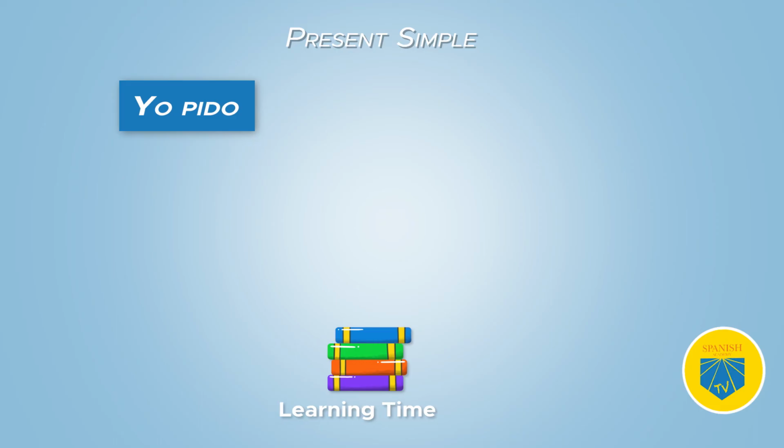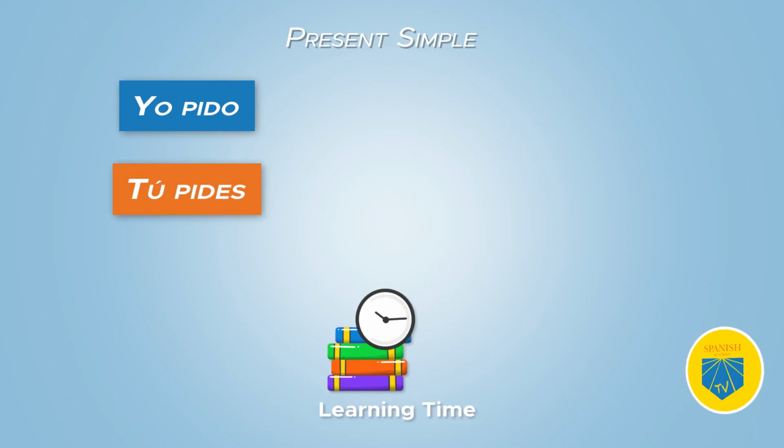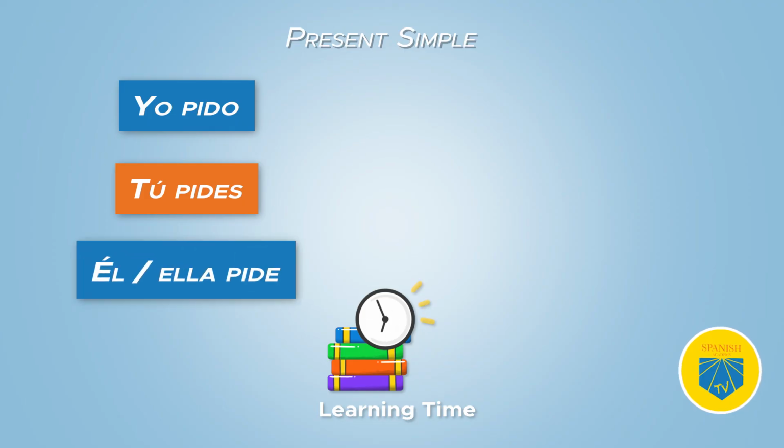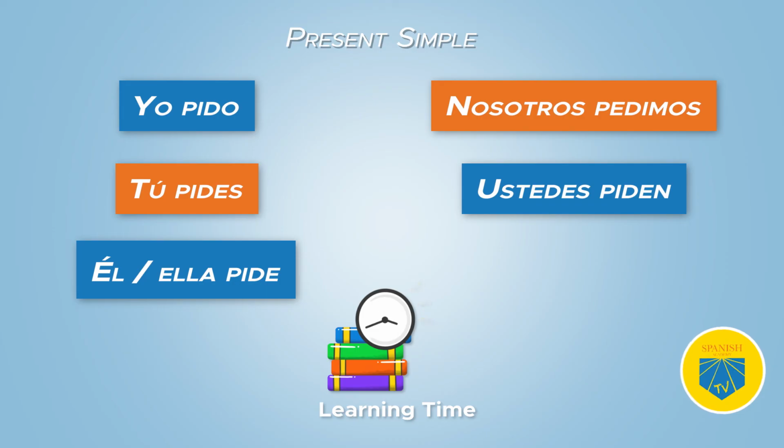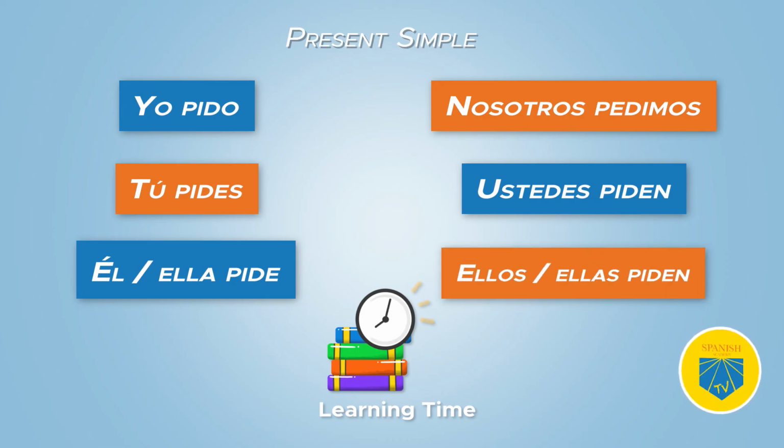The conjugation for pedir goes: yo pido. Tú pides. Él, ella pide. Nosotros pedimos. Ustedes piden. Ellos, ellas piden.